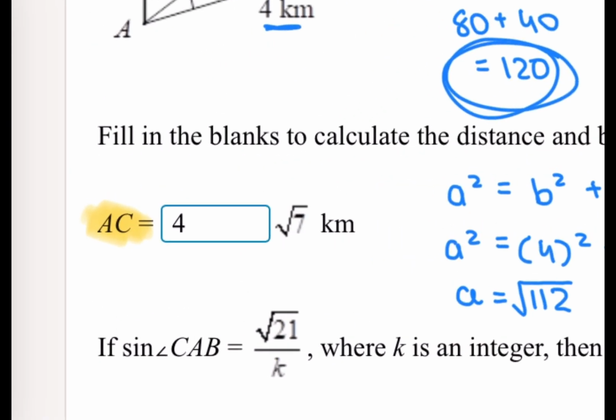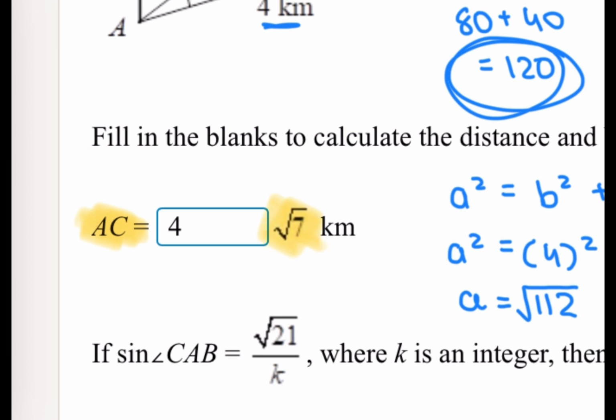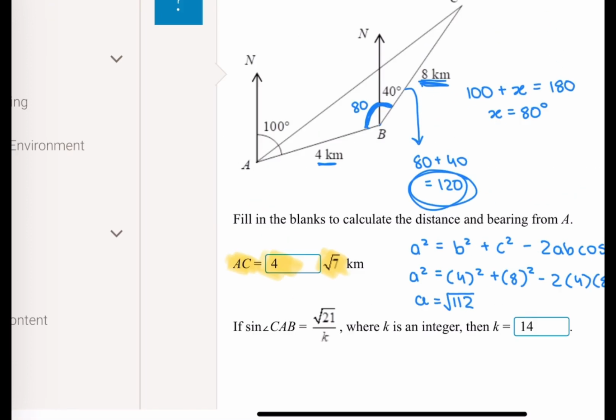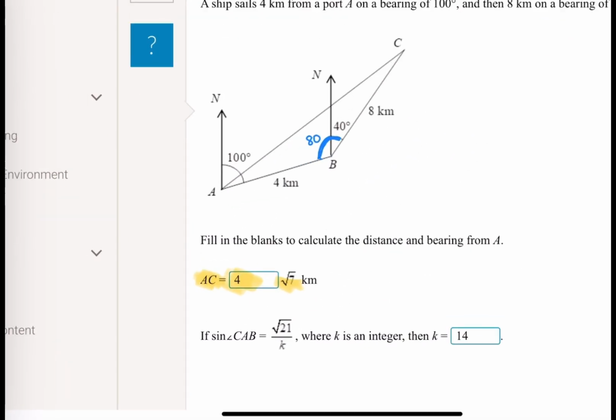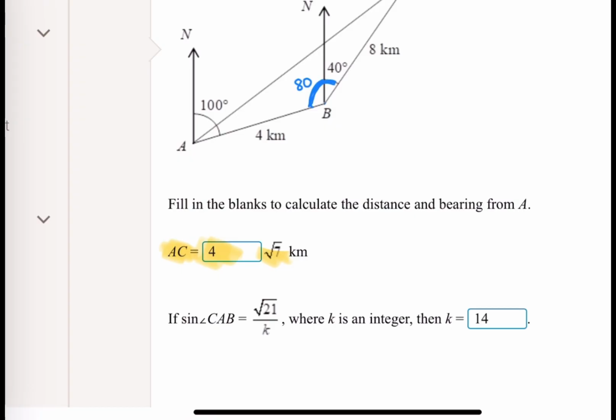And then here they already gave us the radical 7, so we just put in a 4. Okay, so now for the second part, they're telling us that if sine of angle CAB is equal to radical 21 over k, where k is an integer, then k is equal to what?